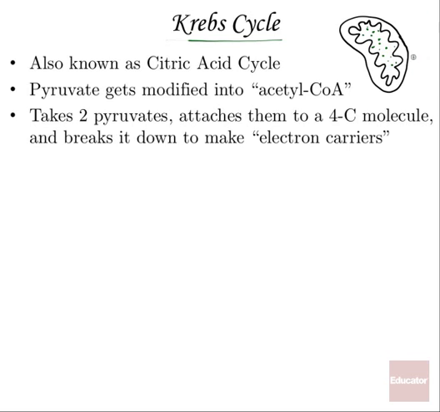The glycolysis stuff happened outside here, happened in the cytoplasm. And those pyruvates come in, and there's a lot of action going on here. Krebs cycles galore. So it takes 2 pyruvates, attaches them to a 4-carbon molecule called oxaloacetic acid or oxaloacetate, and then eventually breaks that down, the citric acid down, to make more electron carriers. And you actually do get a little ATP out of it.